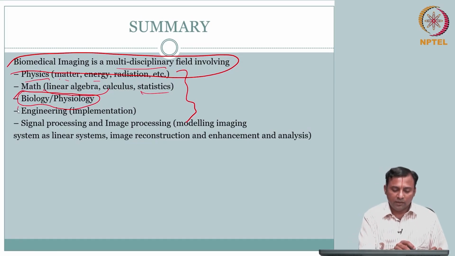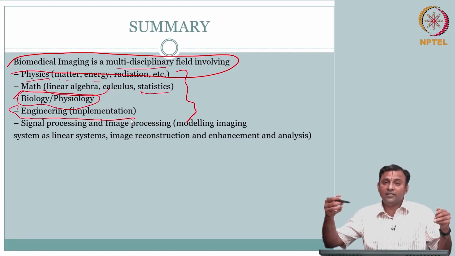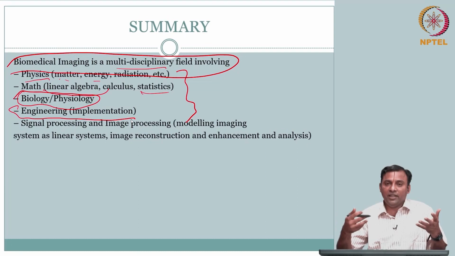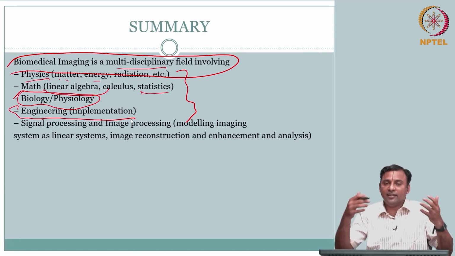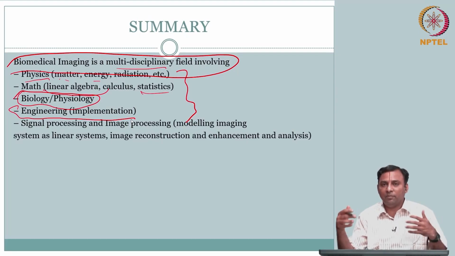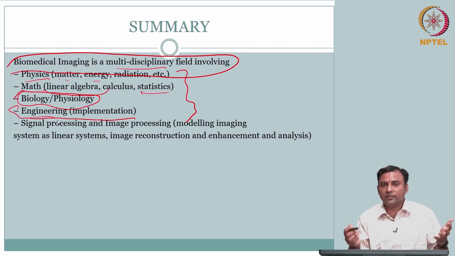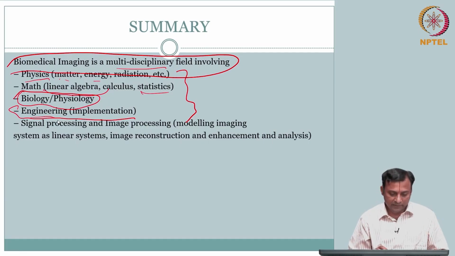At that level we should be able to at least position our understanding and the imaging concept with what is there. Key, engineering, what I mean by that is implementation. You acquire this image, you register, but then somebody has to implement, either program the scanner to take multiple views, take the data, process it, and form an image. All of that requires engineering implementation, either hardware or software, mostly interlinked. And then signal processing and image processing.